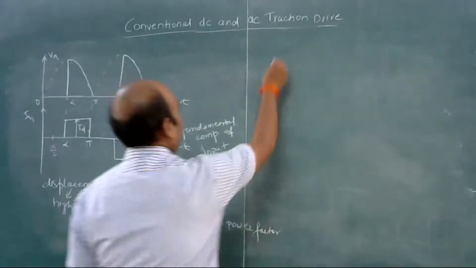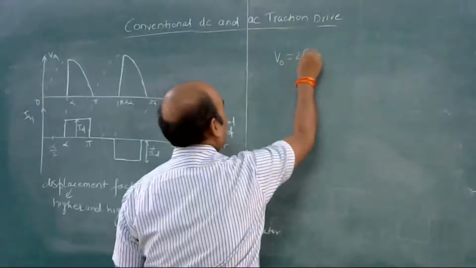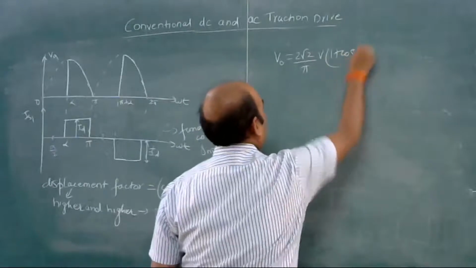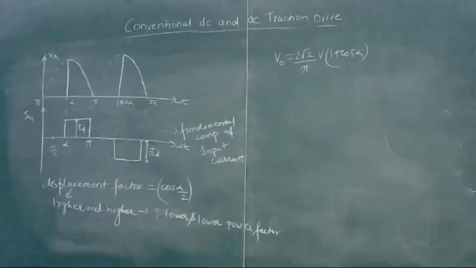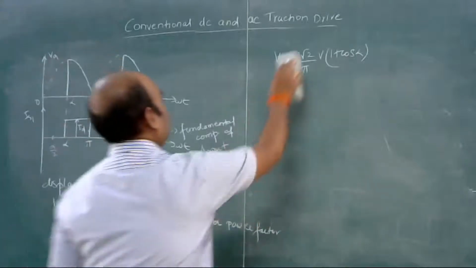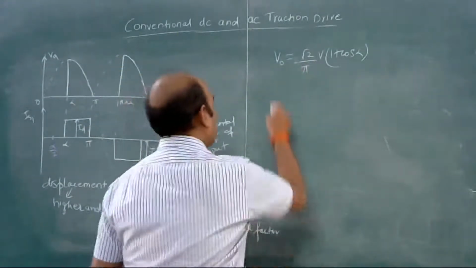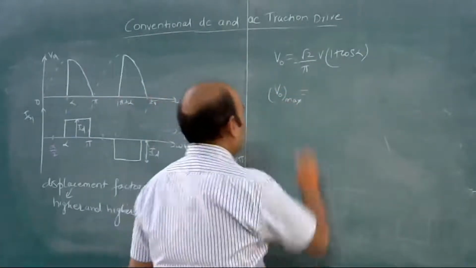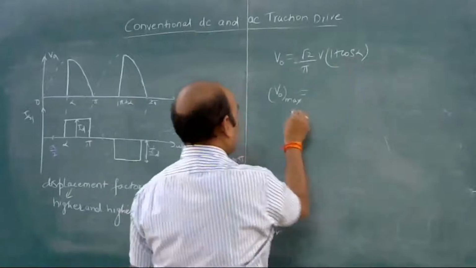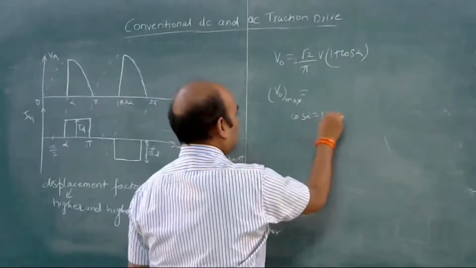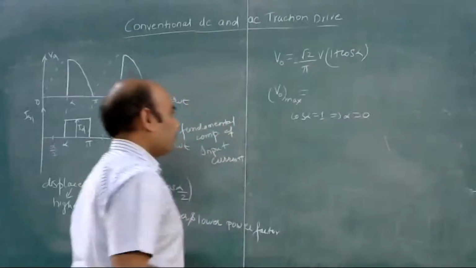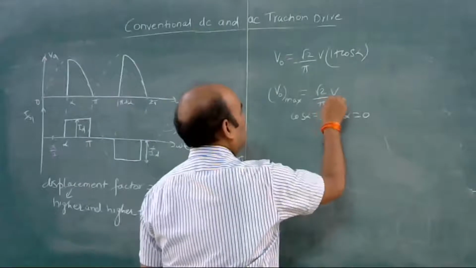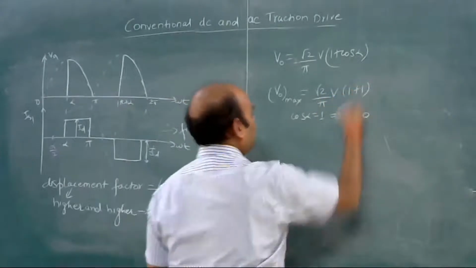So what we have derived: V naught is equal to 2 root 2 V upon pi into 1 plus cos alpha, divided by 2. Okay, what will be V naught maximum? V naught maximum will occur when cos alpha is equal to 1, that is alpha is equal to 0. So root 2 V upon pi into 1 plus 1.